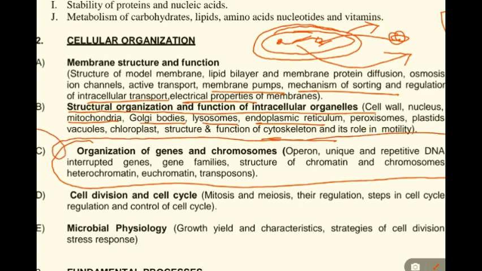So this is a must learn thing for anyone. Most important aspects from the exam point of view are even operon concepts, repetitive DNA concept, chromatin concept, transposon concept. This is a must learn part for anyone who prepares for this exam.